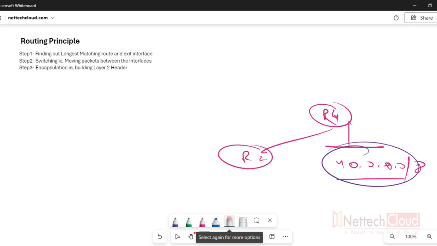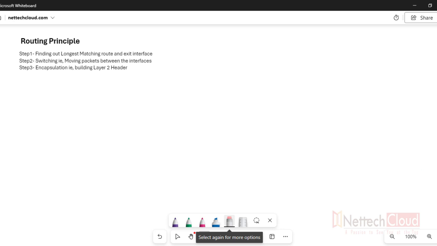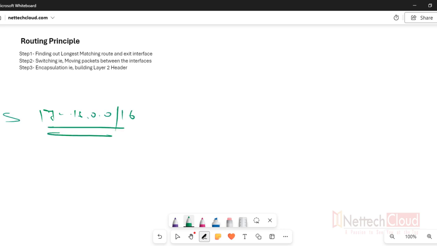So let us assume R1 has routing information, I mean 172.16.0.2 is maybe a static route, right? And here there is a next hop IP configured in the route, and the next hop IP is 1.1.1.2, for example.